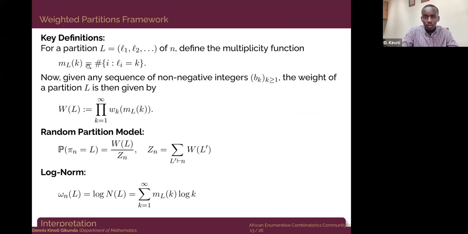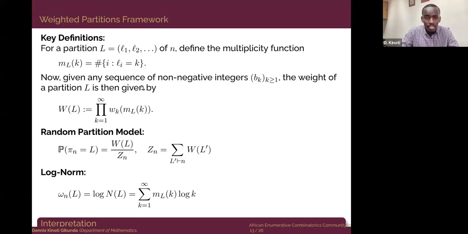So this is how we define the weight function. The number of times this particular item appears, that would be the weight. And now we can have a sequence focusing on the number of times an item appears.